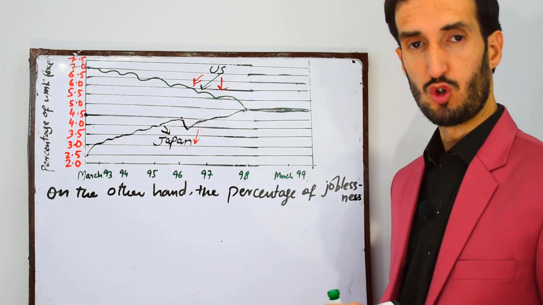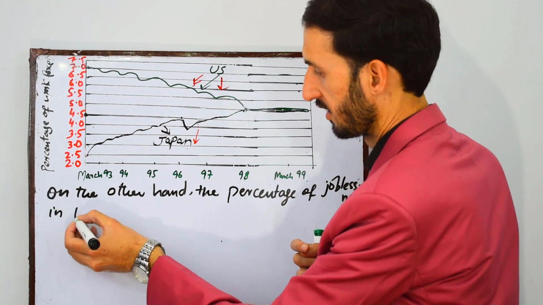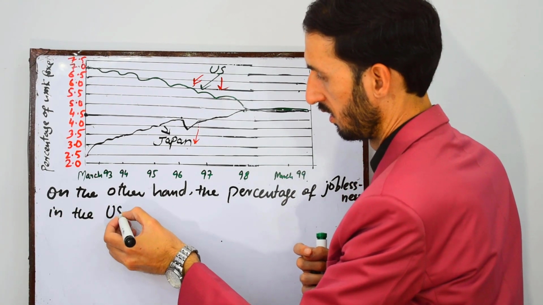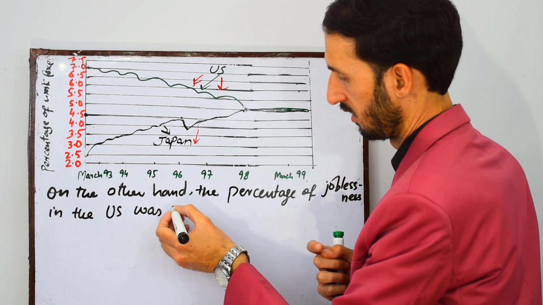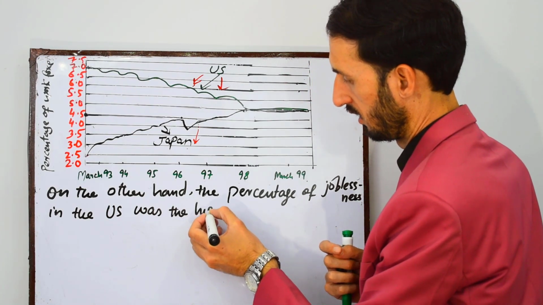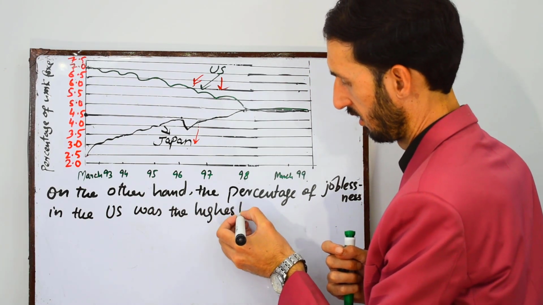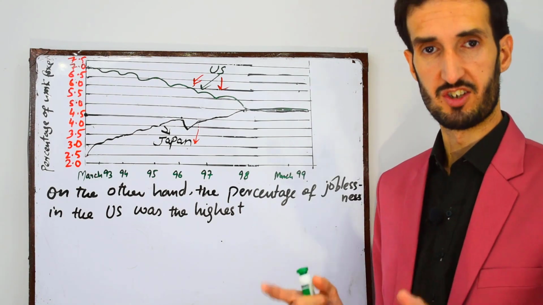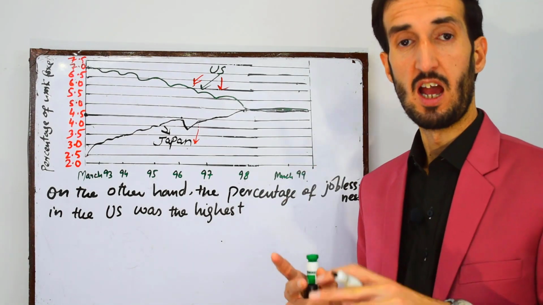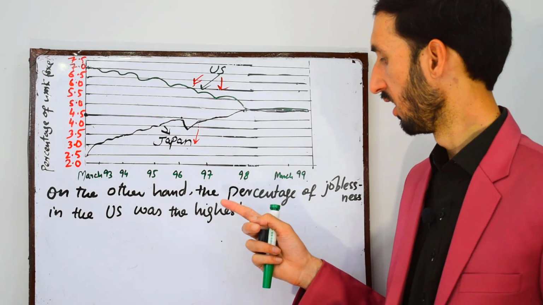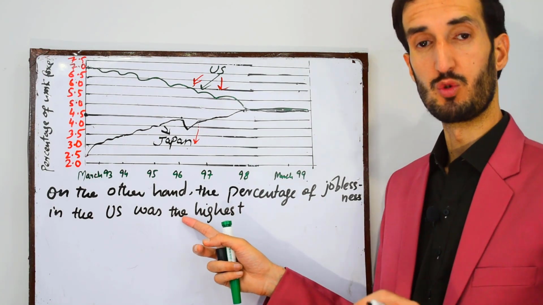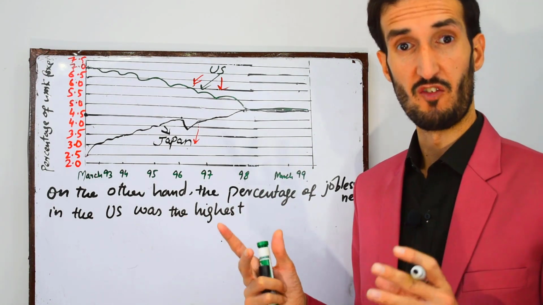The percentage of joblessness in the US was the highest. I've used the word highest, it is the superlative degree. High, higher, highest. And remember one thing, we always use the with the superlative degree of an adjective.